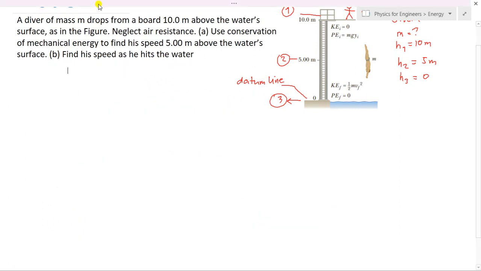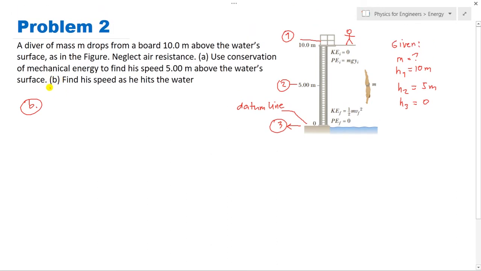So letter B is to find the speed when he hits the water. So our study of interest here is from point 1 to point 3. And we are to find the speed, so that would be v3. Okay, what we need to do again, we're going to solve the problem by using the conservation of energy for mechanical energy.